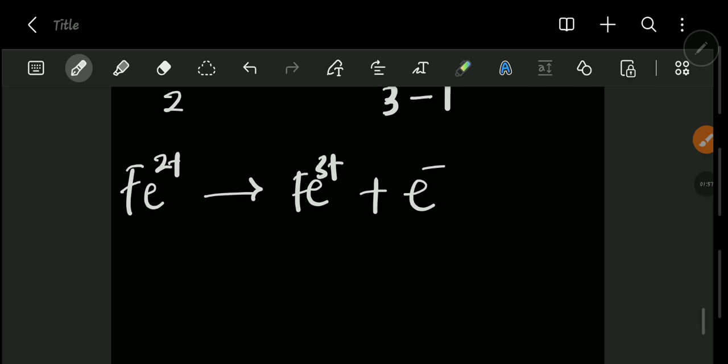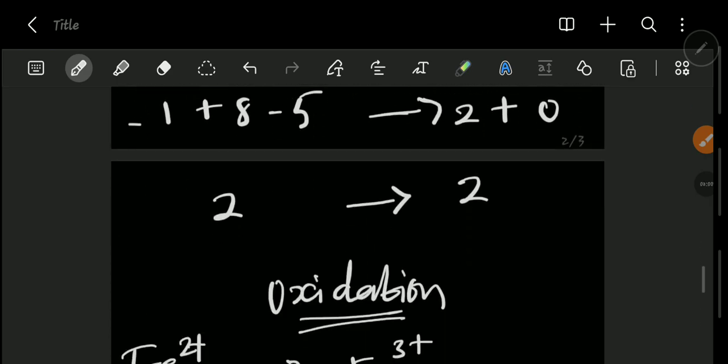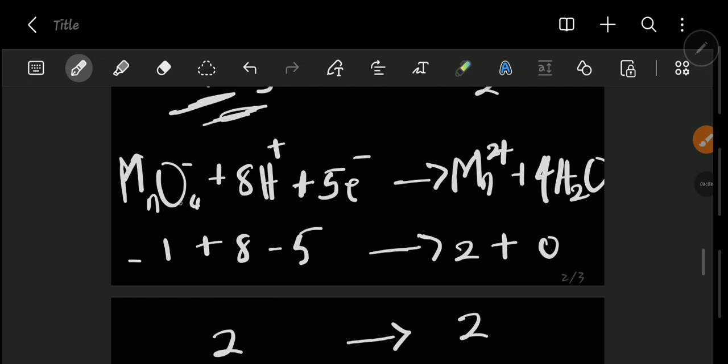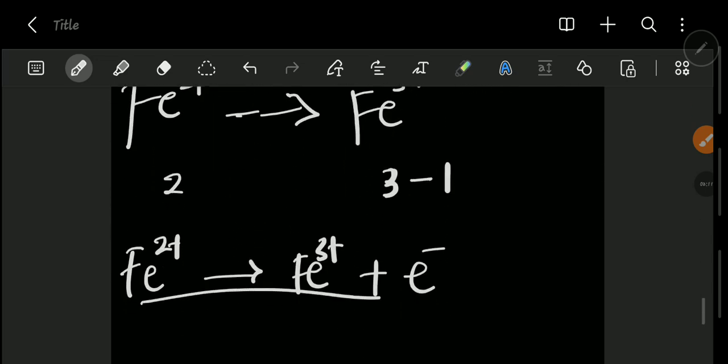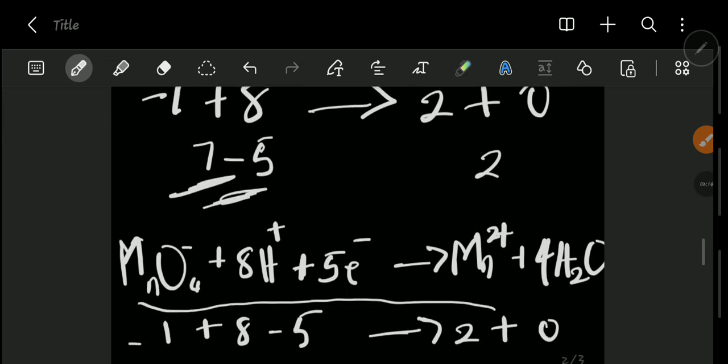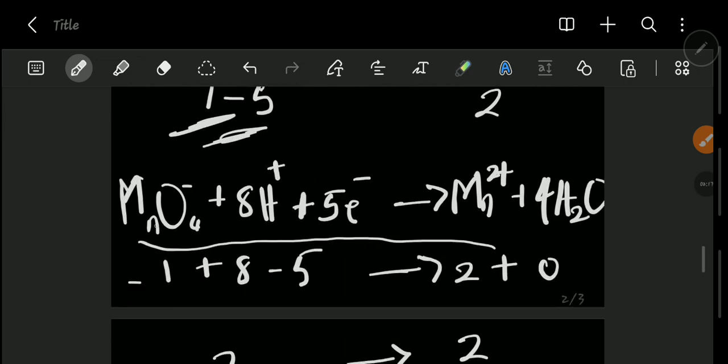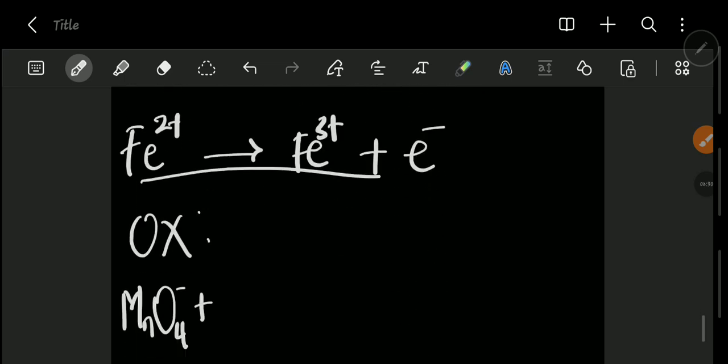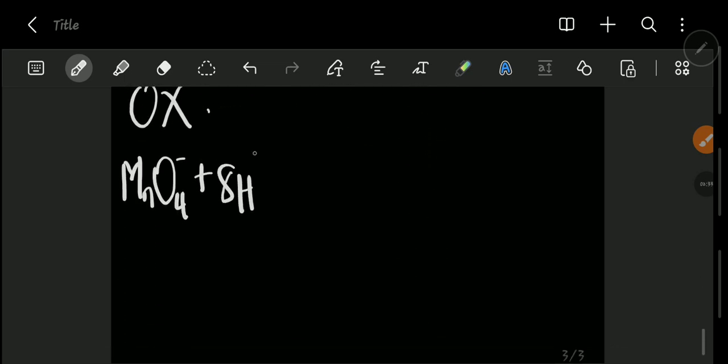Now the next thing I want to do is to combine both the reduced and the oxidized. That is this one that I just finished, and this one. I'm going to combine them together. So from here I'm combining them now. For the oxidized, I'm having MnO4 minus plus 8H pluses, and then plus 5 electrons, right?